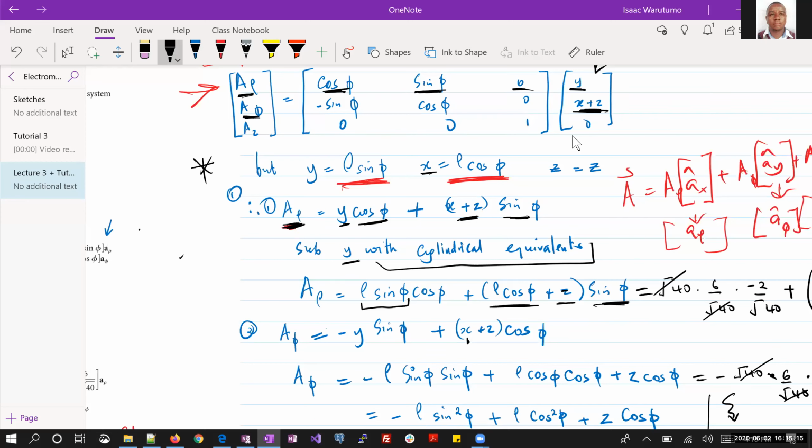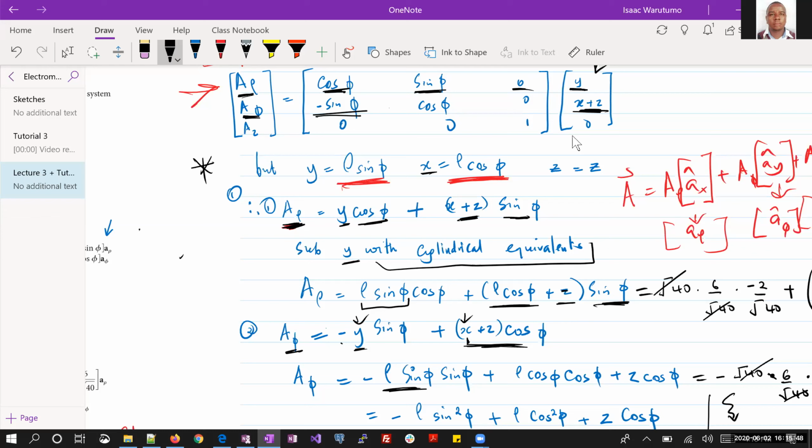A phi here is going to be equal to minus sine phi times Y, so it becomes minus Y sine phi plus cos phi X plus Z cos phi. Again, we remember to replace my X and my Y so that it is in terms of rho and phi.